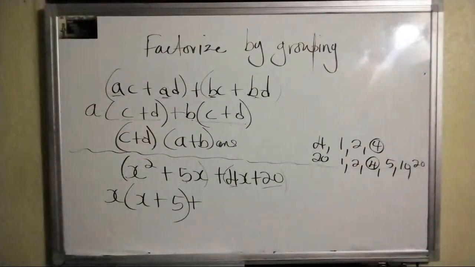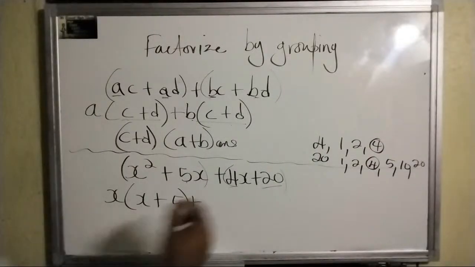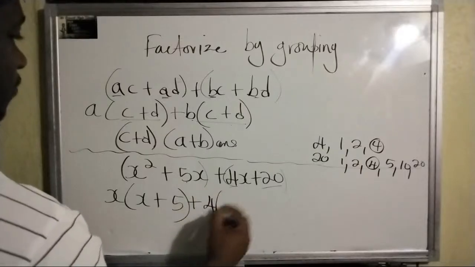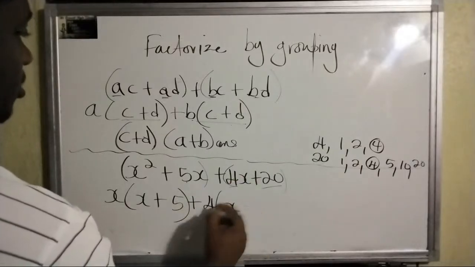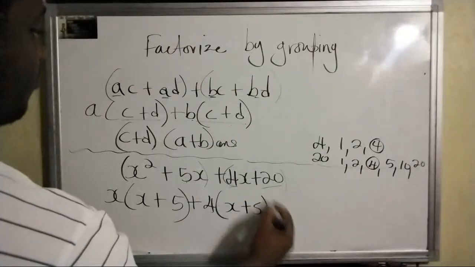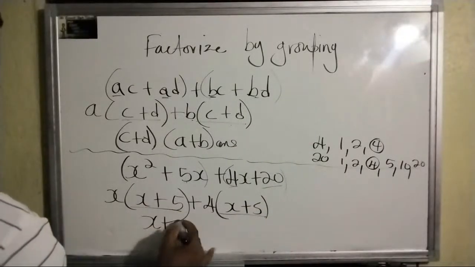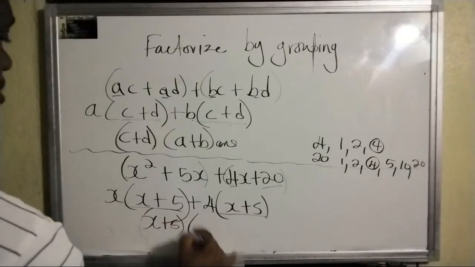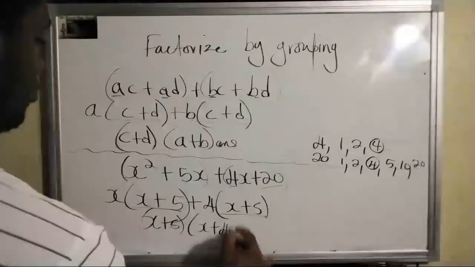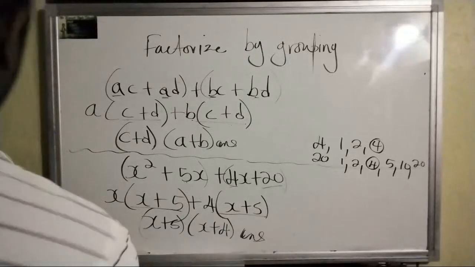We couldn't use 2 because we have to use the highest value. So we take out the 4, and then 4 into 4x leaves x, 4 into 20 leaves 5. So you get x plus 5, take out what's common, and then x plus 4. And that is your answer.